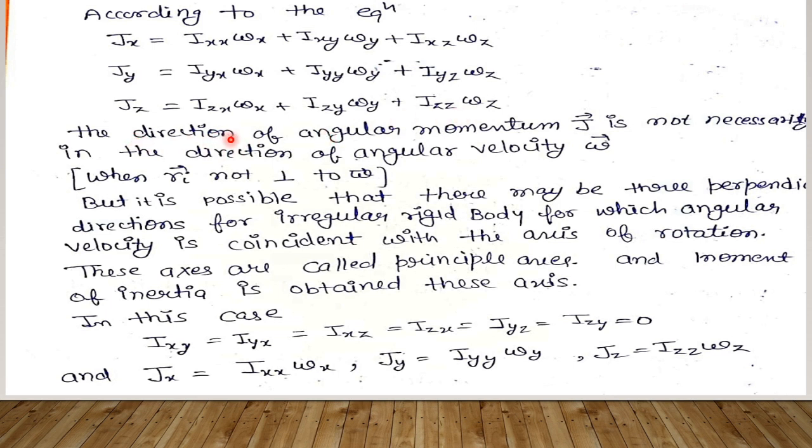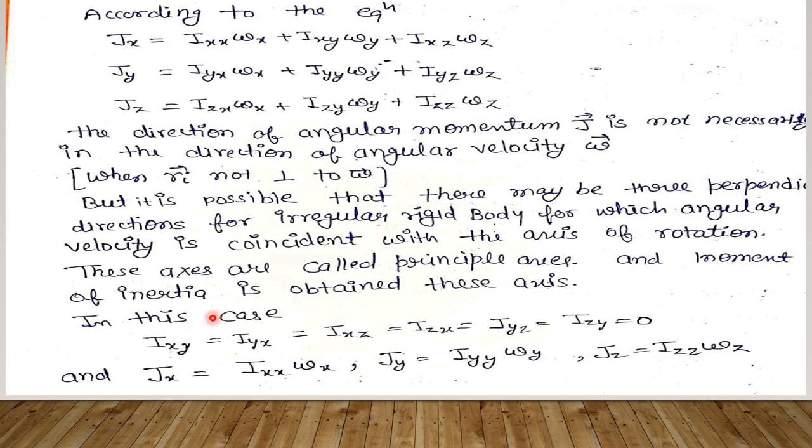So the direction of angular momentum J is not necessarily in the direction of angular velocity omega, since ri is not perpendicular to omega. But it is possible that there may be three perpendicular directions for an irregular rigid body for which the angular velocity is coincident with the axis of rotation. These axes are called principal axes, and the moment of inertia is obtained about these axes.